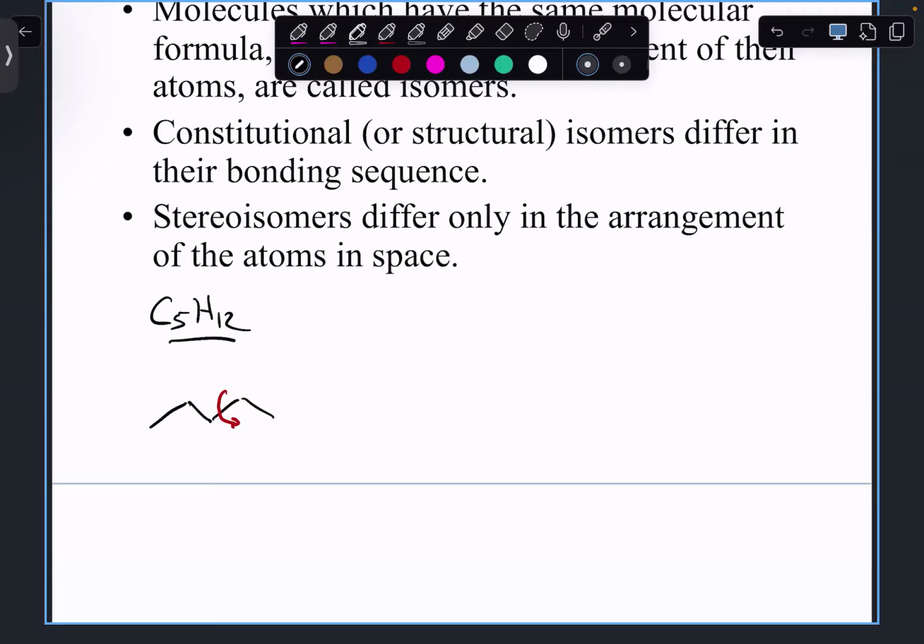What if I had a 4 carbon chain, and then I put a branch somewhere, like that. Now instead of CH3, CH2, CH2, CH2, CH3, we have CH3, CH, CH3, CH2, CH3, put together in a different way.